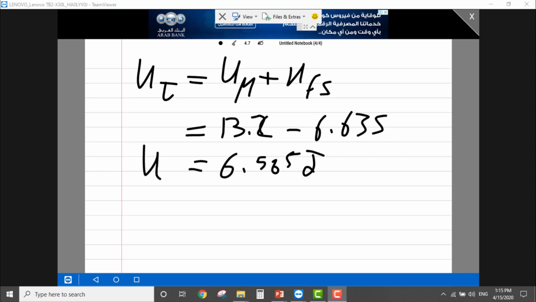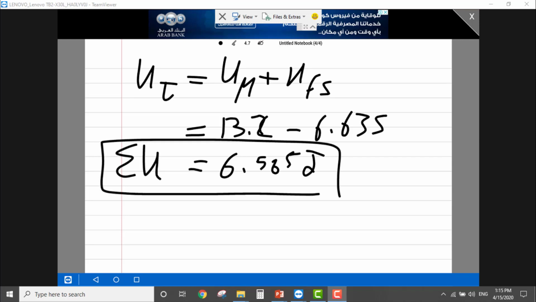So this is U, the summation of the work. I named this equation 3.